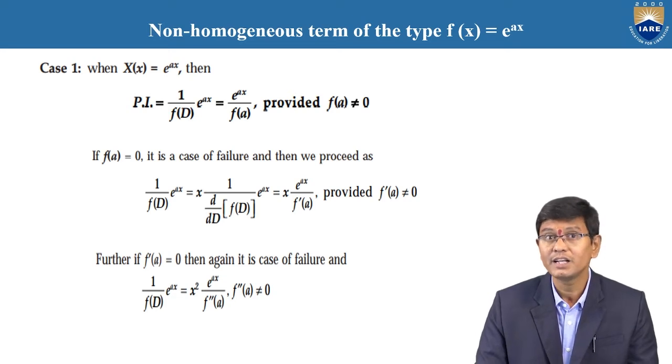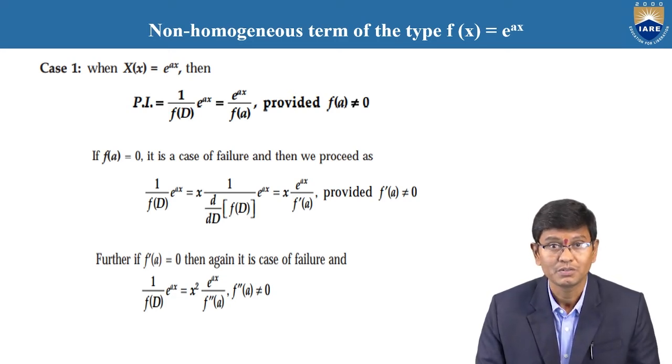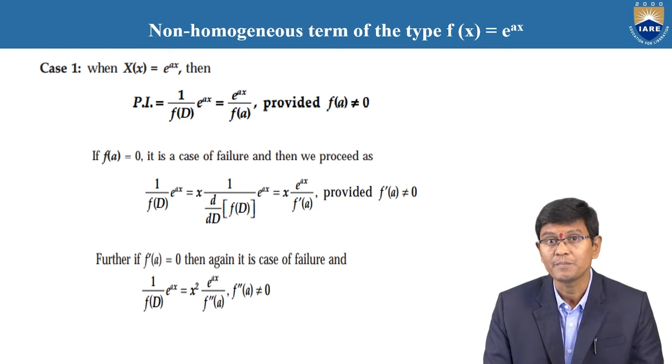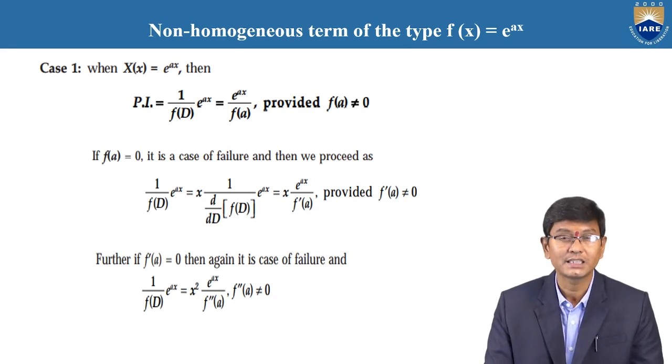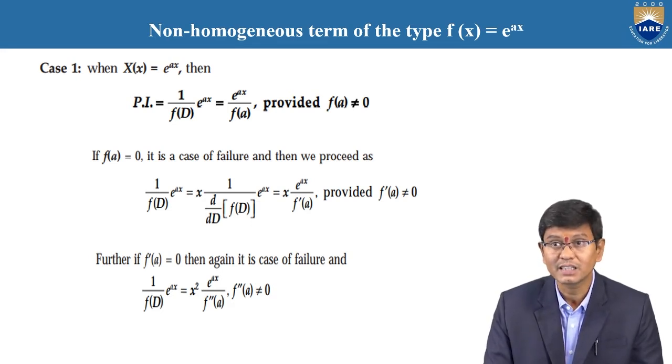In case the denominator is equal to 0 after replacing D with a, you need to multiply by x and take 1/f'(a).